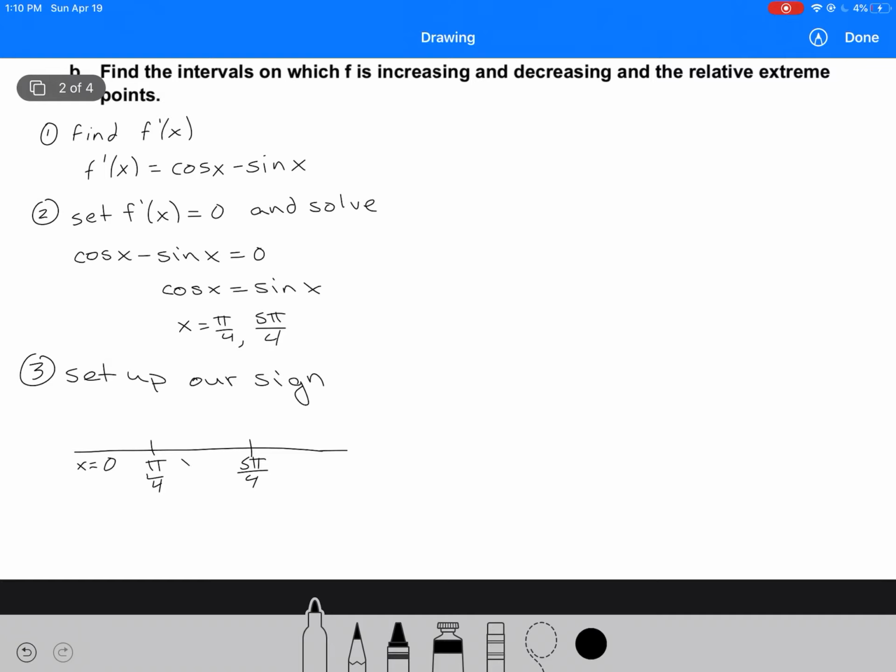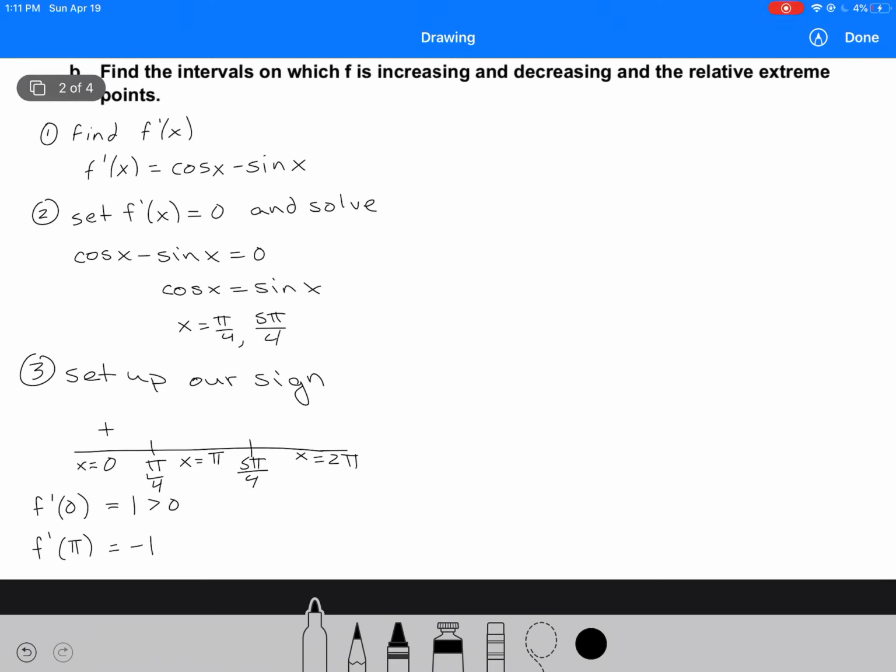So picking our test values in those intervals, we can pick 0, pi, and 2 pi. And then we're going to check the sign of our first derivative at those values. So for our first one, we get f prime of 0. That will give you 1, which is greater than 0. So our first derivative is positive in that interval.